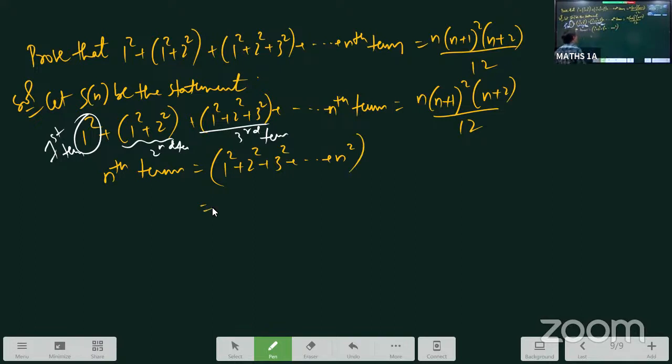That is nothing but nth. See, first bracket 1 square, second bracket 1 square plus 2 square. Third bracket 1 square, 2 square, 3 square. Like that, nth bracket 1 square plus 2 square up to n square. This is nothing but sum of the squares of first n natural numbers.